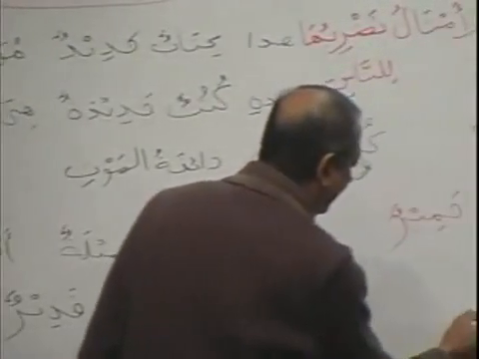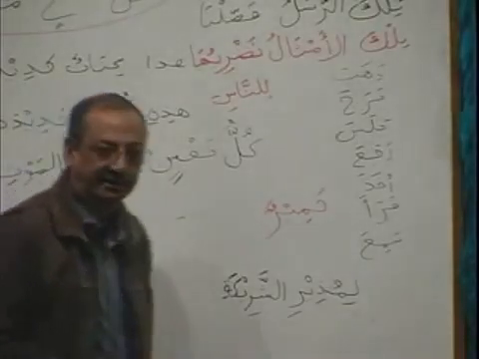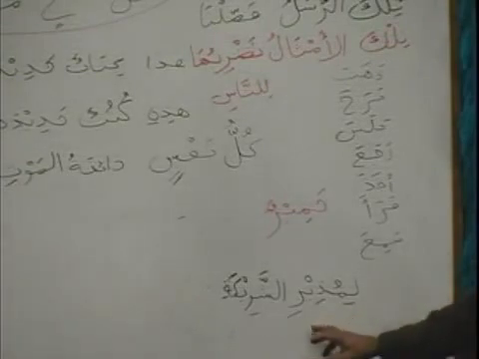Li, I will write down, li mudiri sharikati. Brothers and sisters, what is li? Harf jar. We need ism majrur. Where is ism majrur? Mudiri. And then what is mudiri sharikati? Mudaf ilayh. Got the idea? So where is your khabar? Li mudiri. Jar majrur, shibhu jumla khabar. And here is your mubtada. Fine.